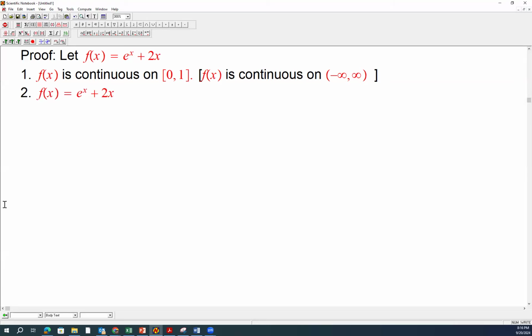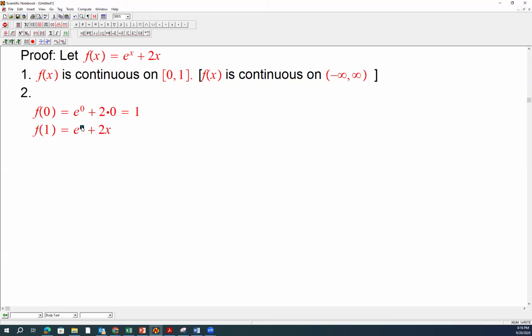Okay. So we're going to show, we haven't shown yet, f of 0, right? And f of 0 is going to be e to the power 0 plus 2 times 0, that equals 1. And then I'm going to plug in f of 1.